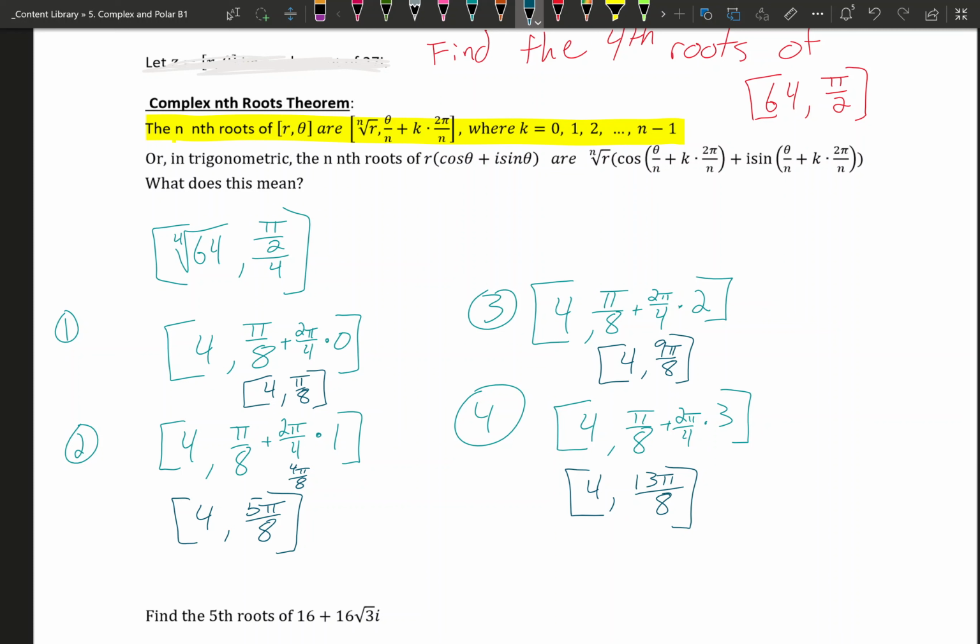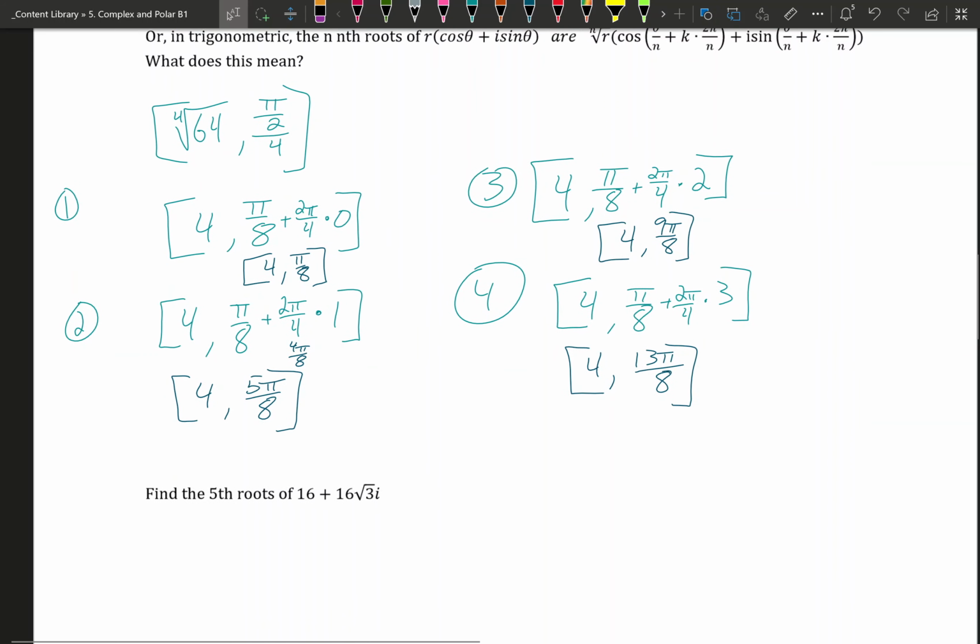Still can feel like a lot with the k's, but let's look and see if we can find some sort of pattern here. We have pi over 8, 5 pi over 8, 9 pi over 8, 13 pi over 8. All of those we are adding 4 over 8 pi each time, which is just pi halves, which is that 2 pi divided by n, because in this case n is 4.